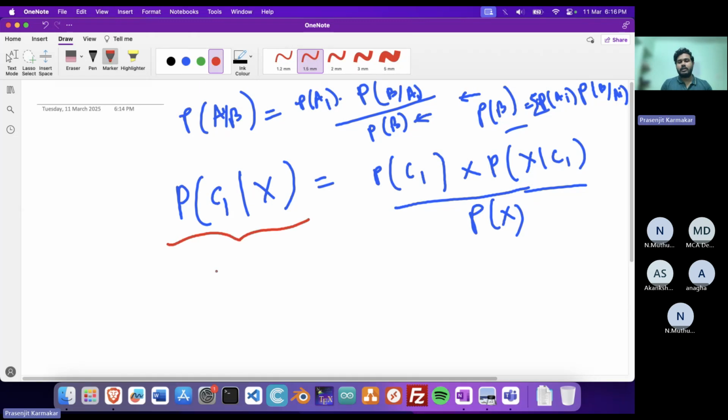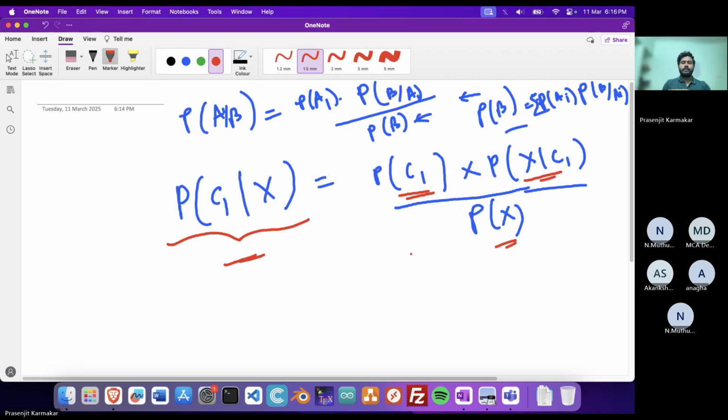This is what you want, your posterior probability. This is your class probability, this is your likelihood, and this is your evidence. The class probability is sometimes known as the prior.